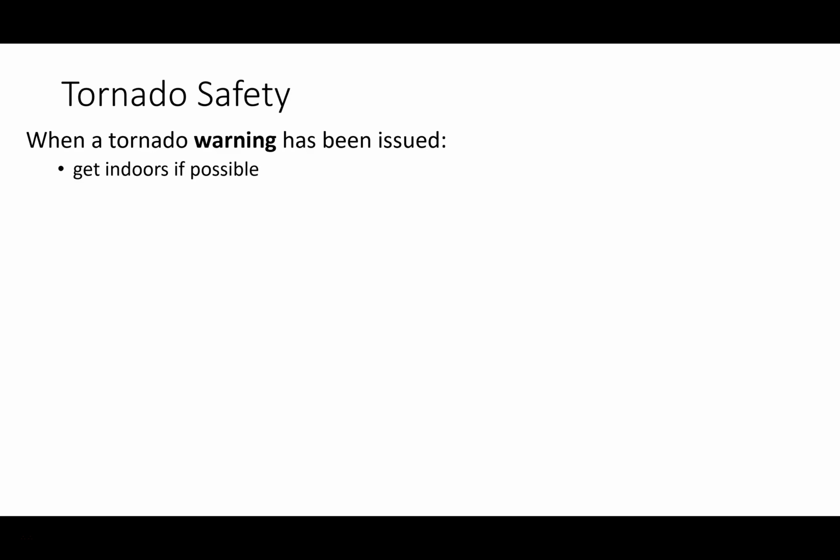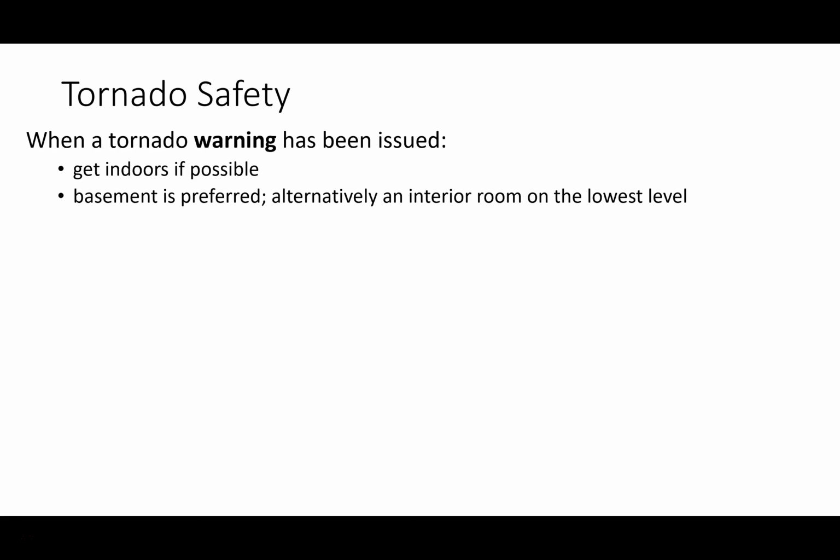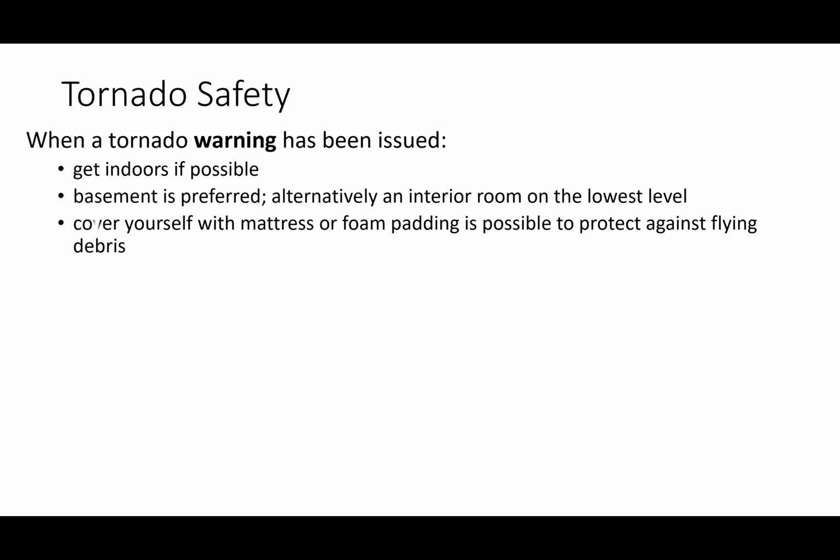So, tornado safety: get indoors if possible. The next word is interior, so you may have heard this before. It's good to think ahead if you know there's severe weather. Think ahead to an interior room, lowest level possible. Cover yourself if possible, in case there's flying debris. I've had this conversation with my mom, who lives at home alone.